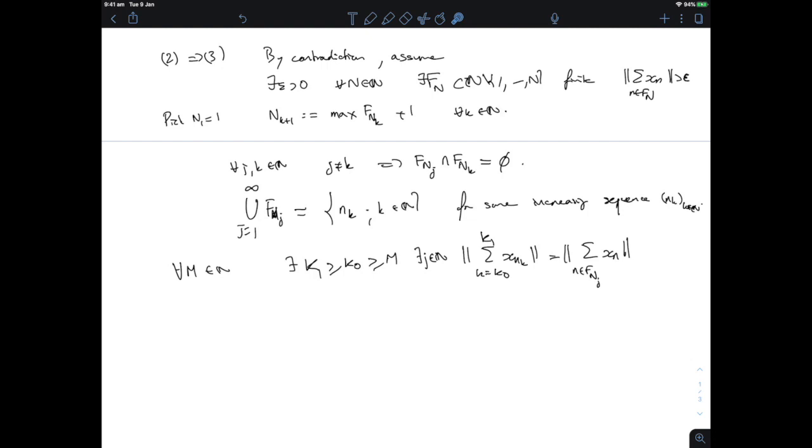But the F_{N_j}'s have been defined in such a way that, wherever you take them, no matter how large j is, these sums are always greater than epsilon. So this is telling you that the partial sums of that series cannot be Cauchy, so this series cannot converge. That is, 2 doesn't hold, and so by contrapositive we've proven that 2 implies 3.